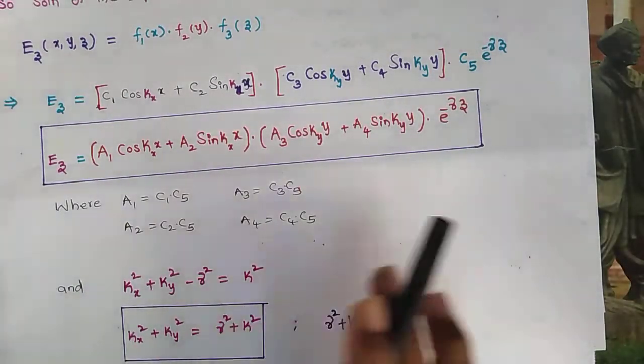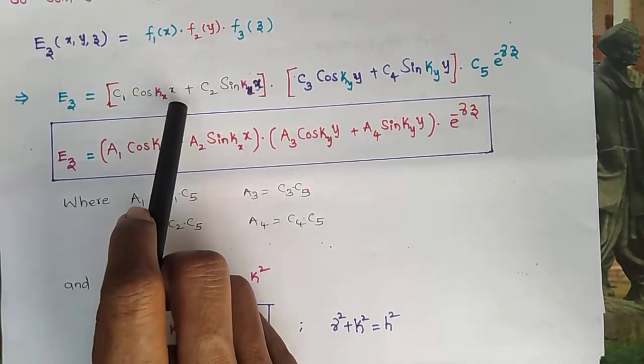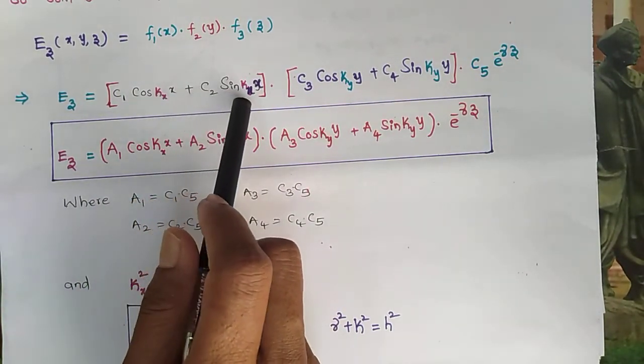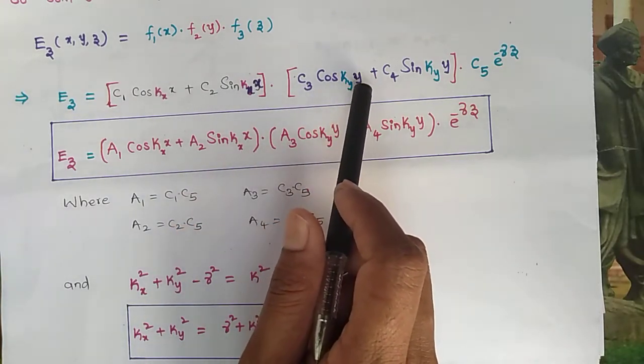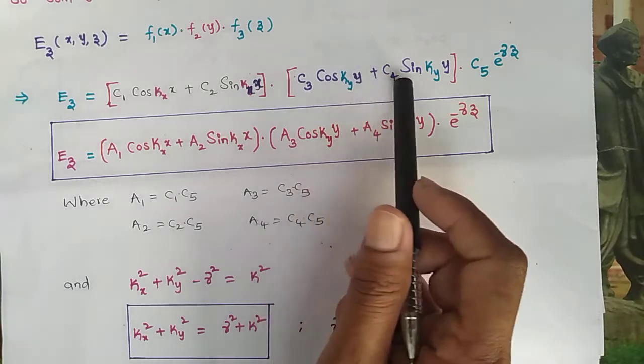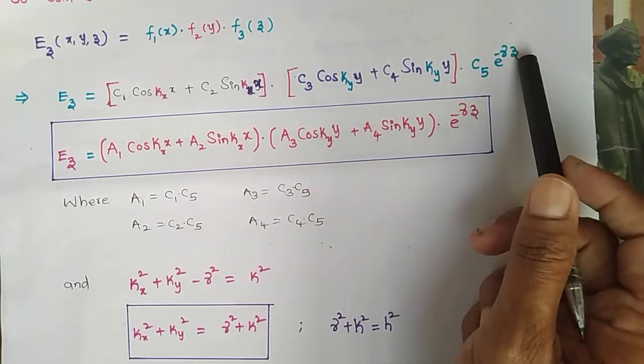So I can write it like this: c1 cos kx x plus c2 sin kx x, times c3 cos ky y plus c4 sin ky y, times c5 e to the power of minus gamma z.